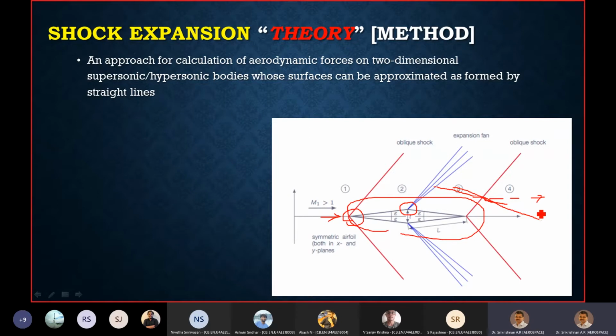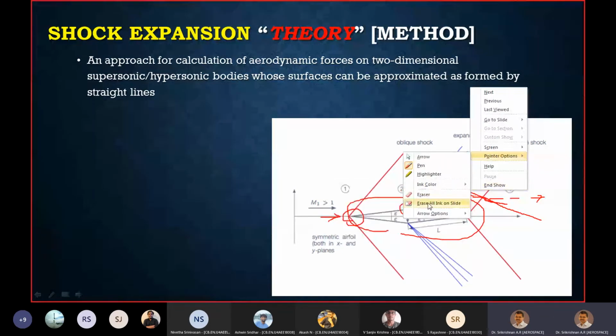Okay, now I request you to just look at the image and tell me at which point, 1, 2, 3, 4, you can see 4 regions, which will have the highest stagnation pressure. 1, 2, 3, 4. Which region will have the highest stagnation pressure?